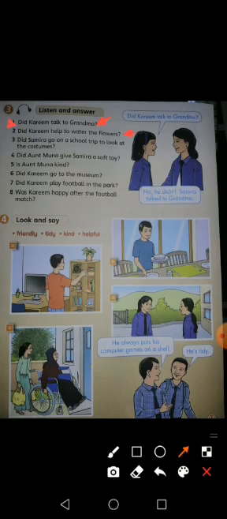So question number 2 is, did Kareem help to water the flowers? No, he didn't. Samira helped to water the flowers, right? Question number 3. Did Samira go on a school trip to look at the customs?